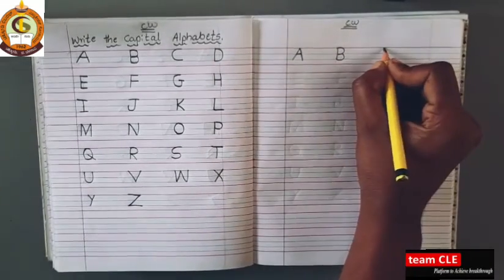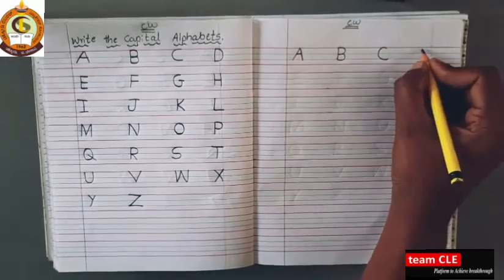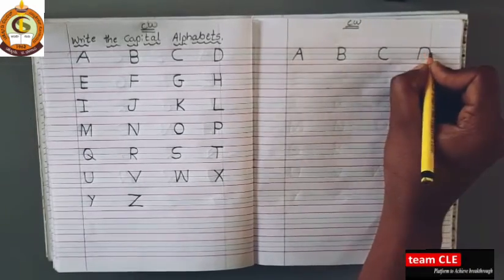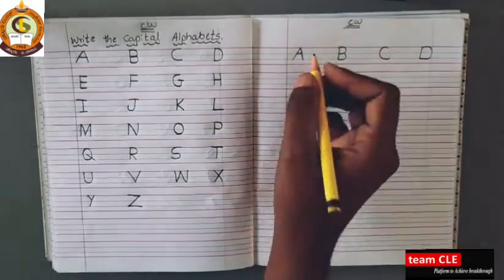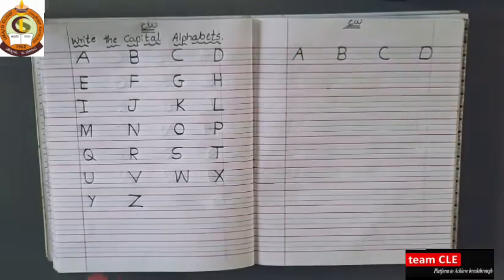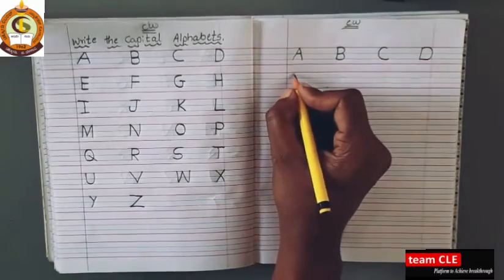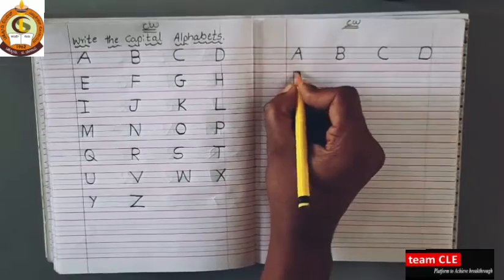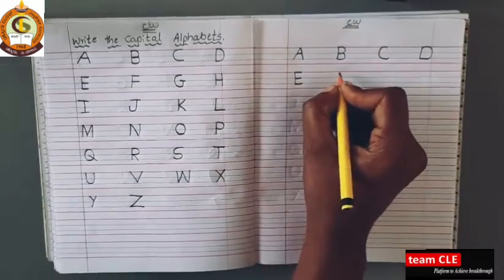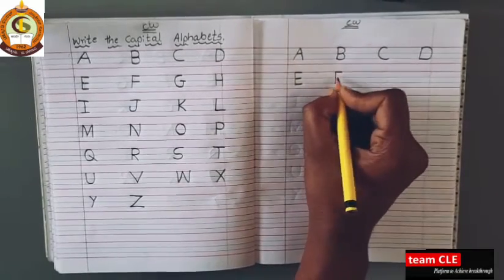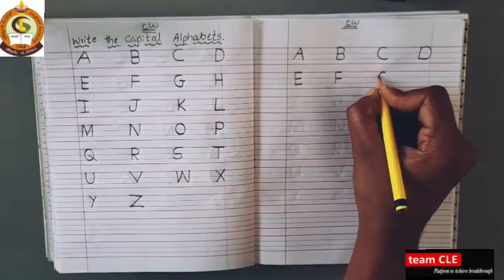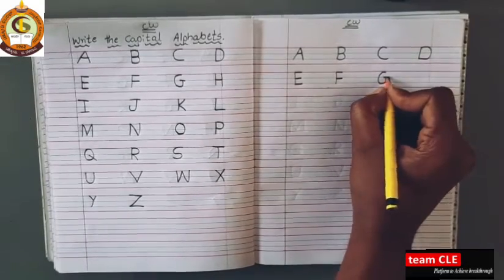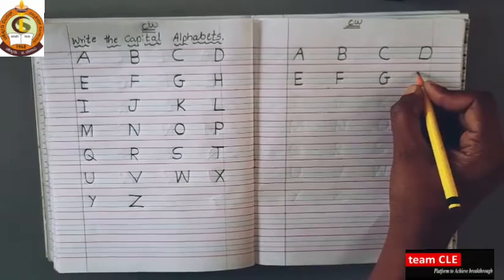C for cat. D for dog. See children, you have to touch the 3 lines and you have to write it, okay? E for elephant. F for fish. G for goat.